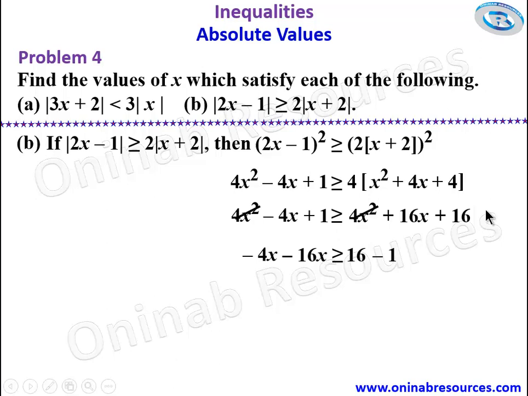This positive 1 going to the right hand side of the inequality changes to negative 1. This is giving us negative 20x greater than or equal to 15. Since we are dividing both sides by negative 20, x is less than or equal to negative 3 over 4. And that is the end of the solution to this problem.